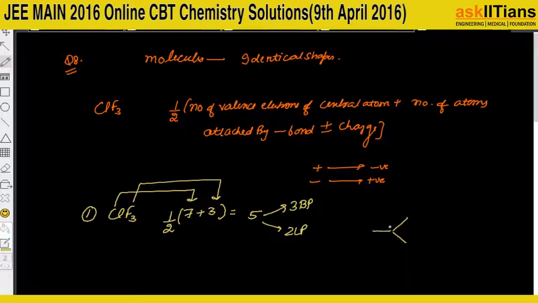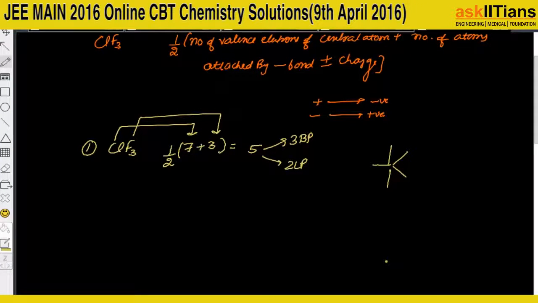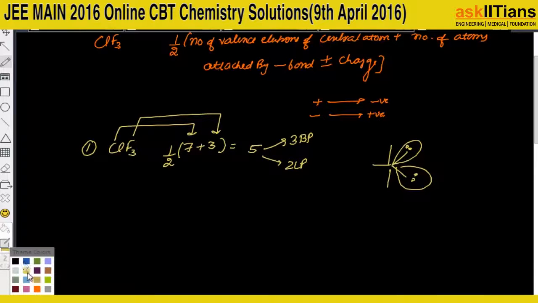So if the steric number is 5, it should be trigonal bipyramidal. But since you have 2 of them as lone pairs, they must be kept at the position having more percentage S character. That means the lone pair should be kept at the equatorial position, and hence the overall shape comes out to be bent T.